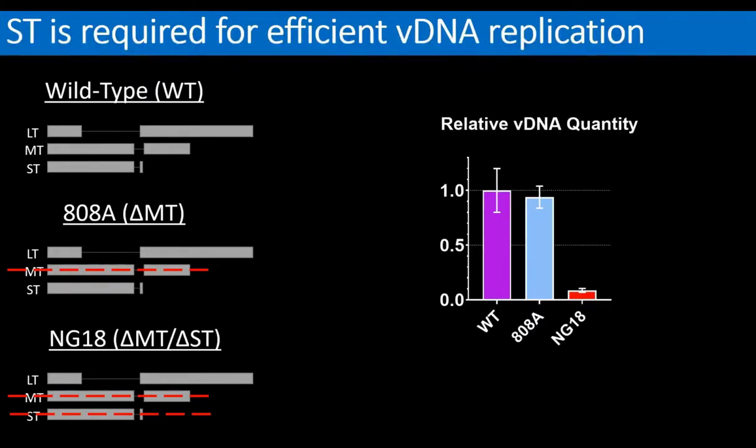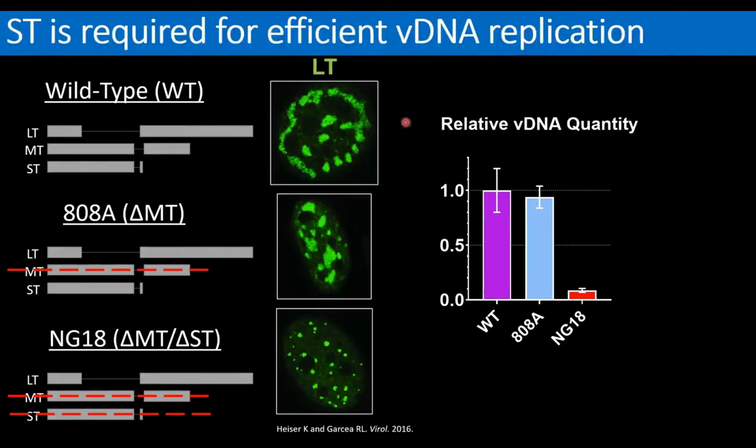When a previous graduate student, Katie Heiser, visualized viral replication centers during each of these infections, she found that NG18 VRCs were always smaller than wild-type or 808A VRCs. Combined, these results suggest that VRC morphology, or size, depends on the degree of viral DNA replication.